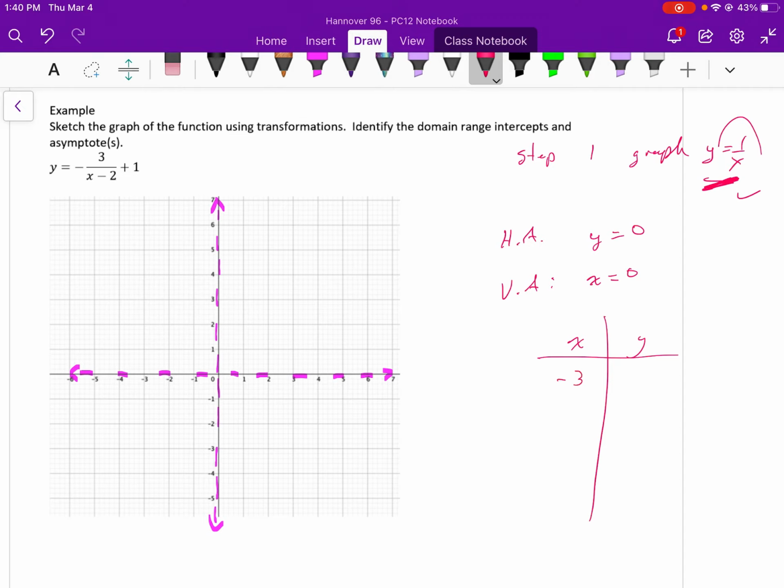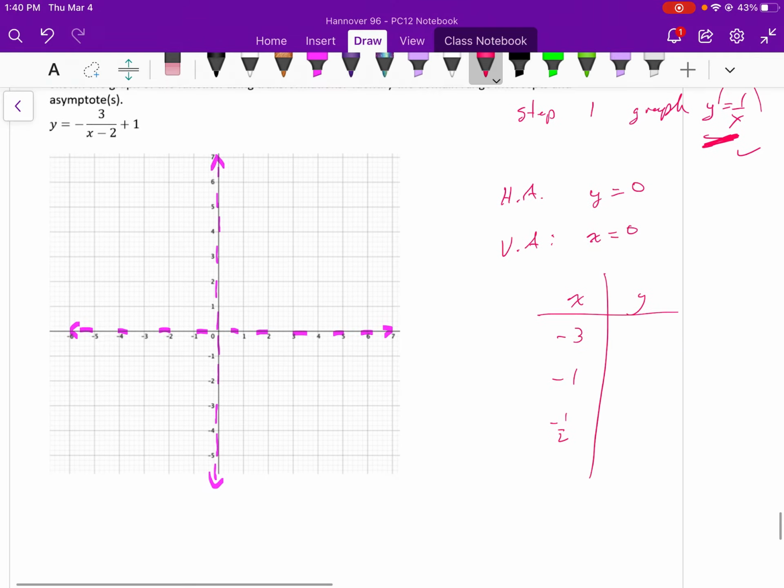So I'm just going to choose -3, -1, -0.5. Why, you may be asking me? Why not? There is actually a good reason why I choose these. When x is equal to -3, the y value is going to be -1/3.